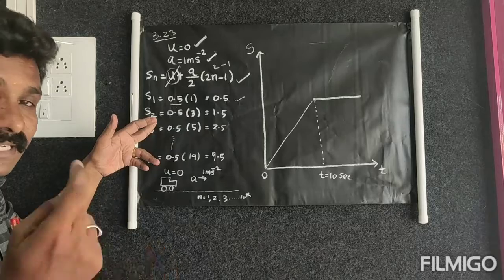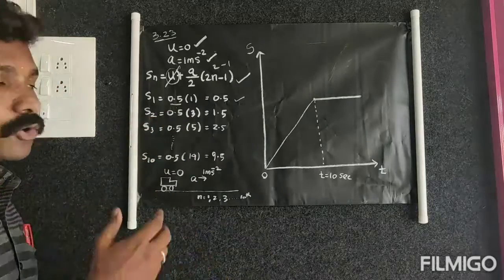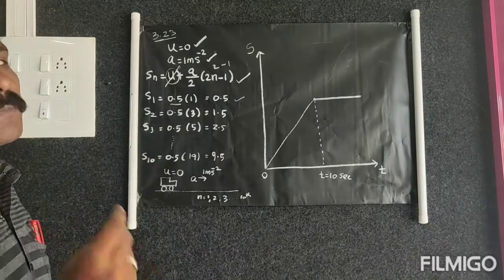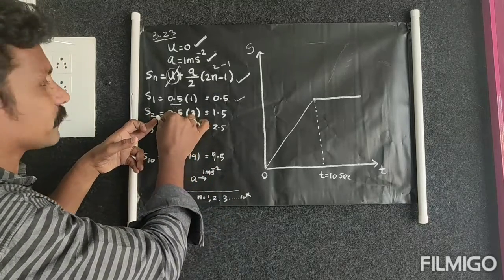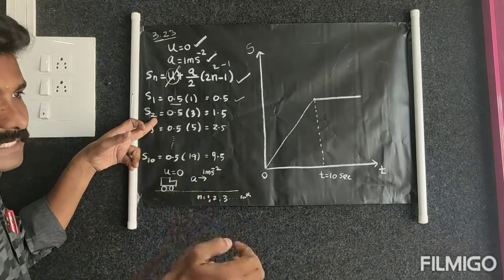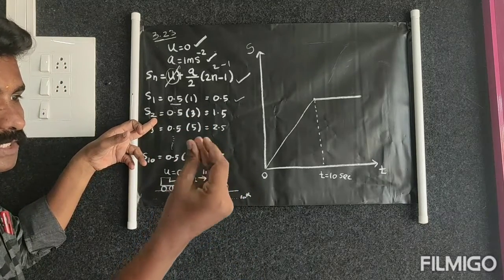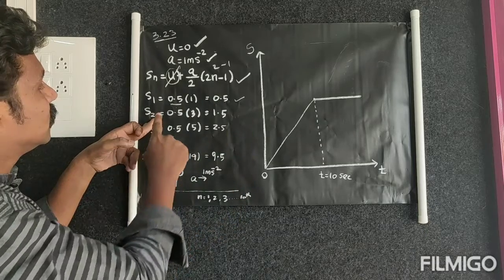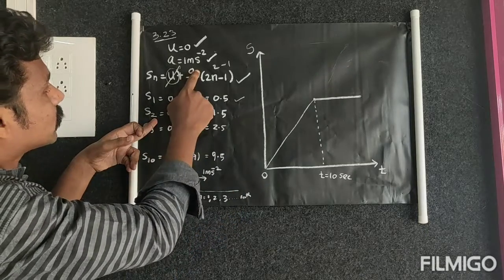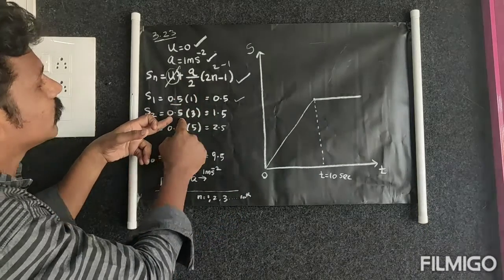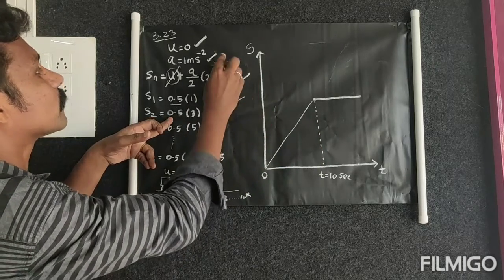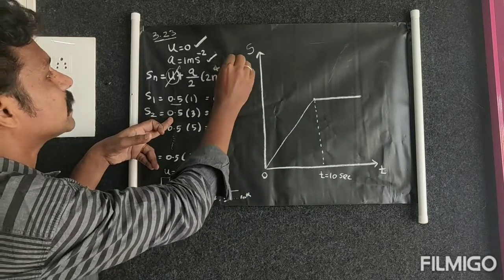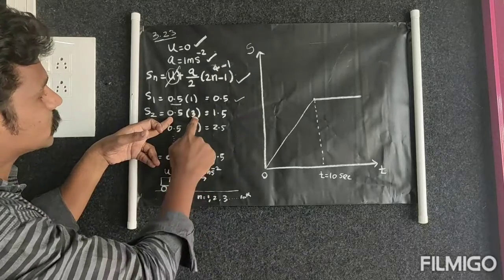So for the first second, 0.5 meter is covered. Now S2, the second second. As usual it is 0.5, and 2 into 2 is 4, 4 minus 1 is 3.